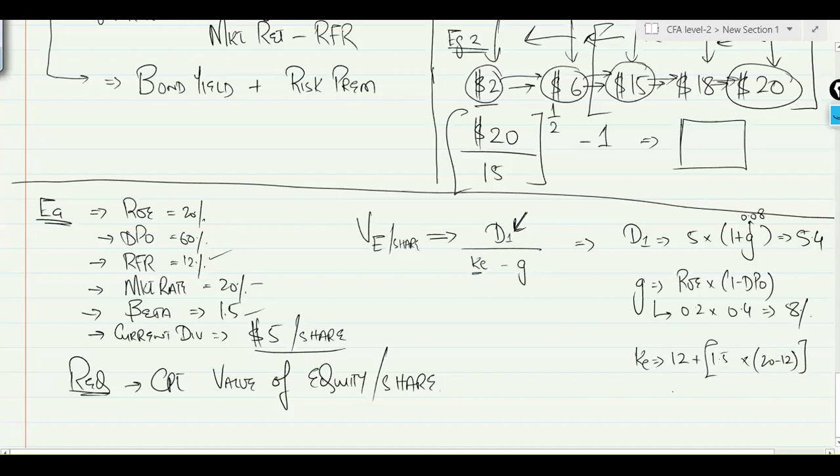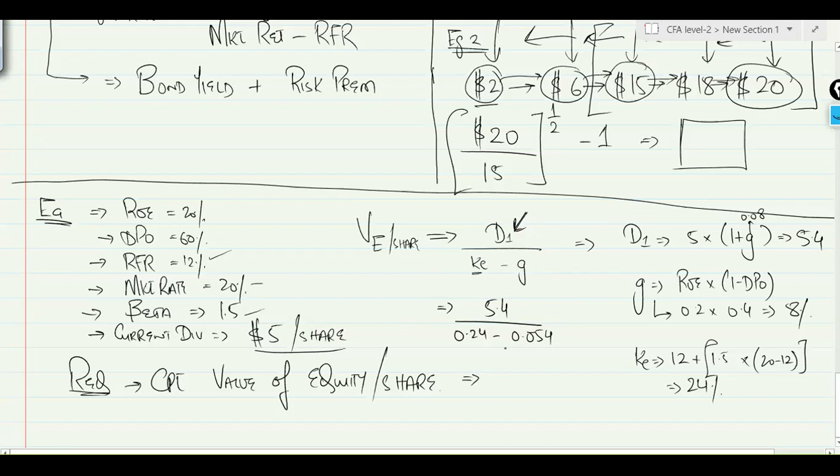The cost of equity I'll be getting is 8 into 1.5 is 12, so 12 plus 12, 24%. Now I have all the three things. Now I can easily compute the value. 5.4 divided by KE 0.24 minus growth is 0.054. Use decimals, always, because those were percentages.